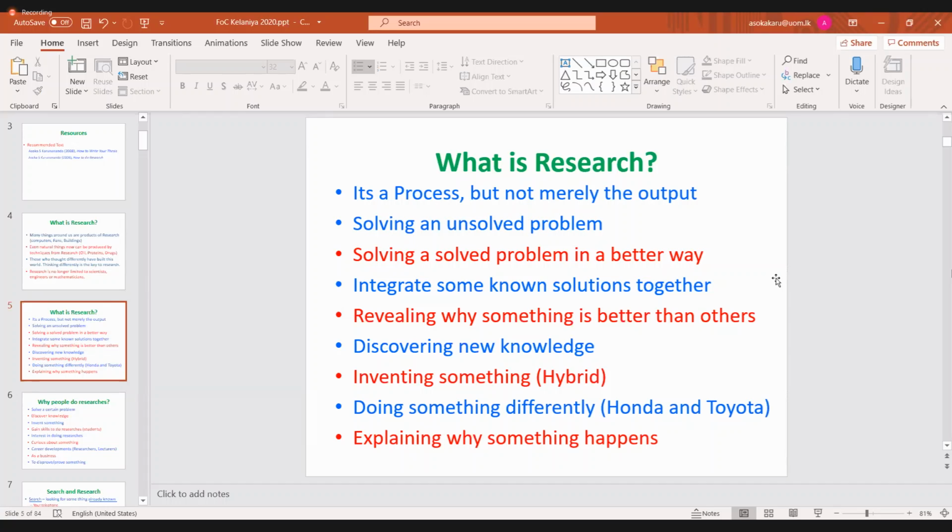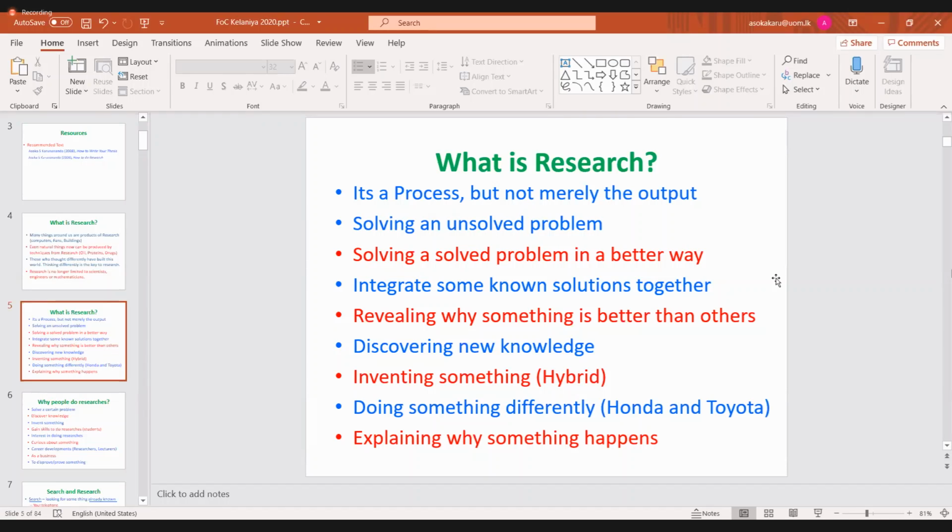Another one, sometimes you do research to integrate some known solutions together. Give me one example. Integrating known solutions together. Yes. Actually, if you combine Faraday's law and the Thomson-Joule effect together, then you can have the air conditioner.